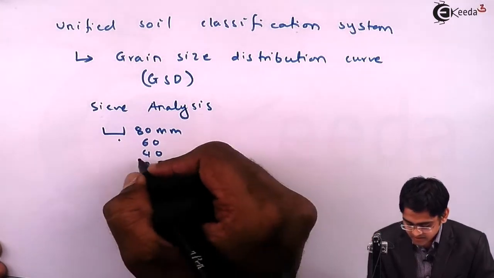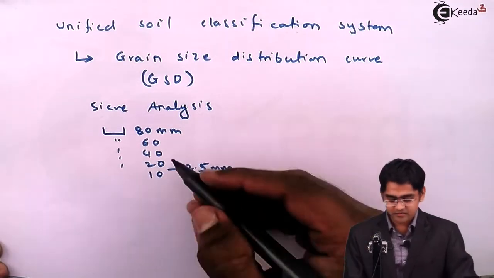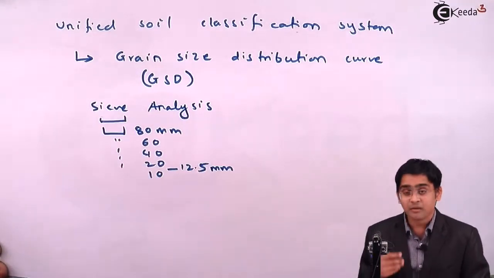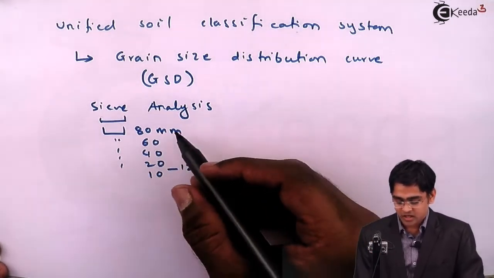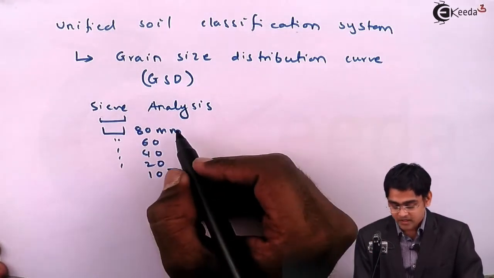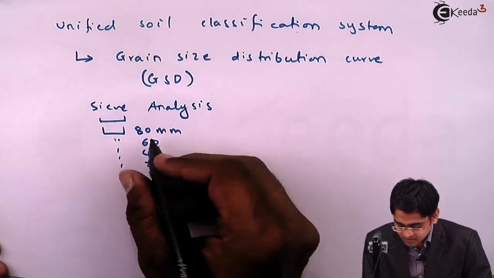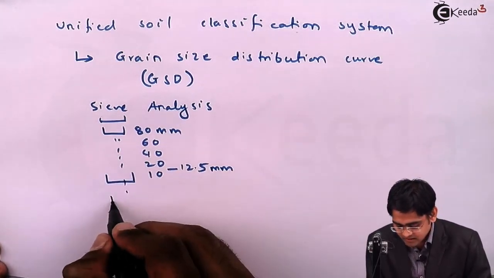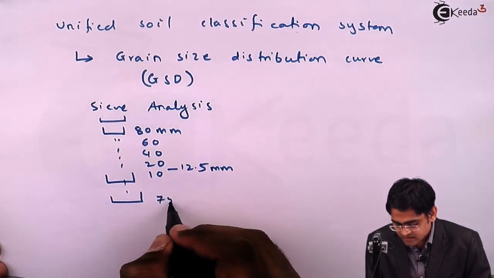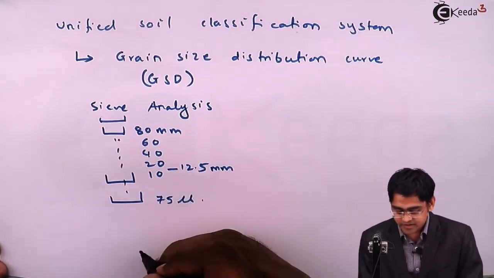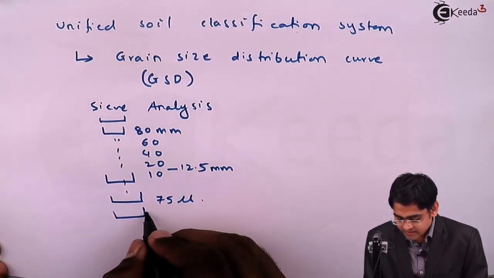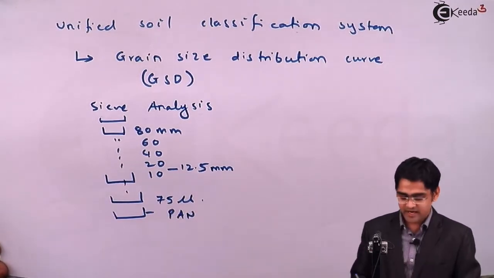We also have 200 and 300 above, which are particularly used for boulders and cobbles. The last sieve size that we have is 75 micron. Beyond 75 micron we don't have a sieve set, we just have the pan. That's what we have discussed.